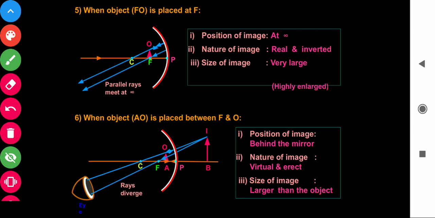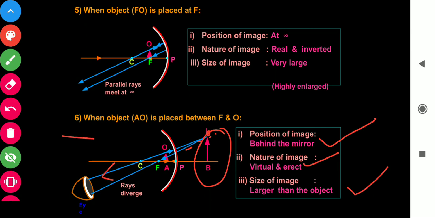When it goes and comes back, we can join it behind the mirror, and when these rays go like that, they will join here, and the image is virtual and erect behind the mirror, larger than the object. These 6 diagrams are for the concave mirror.